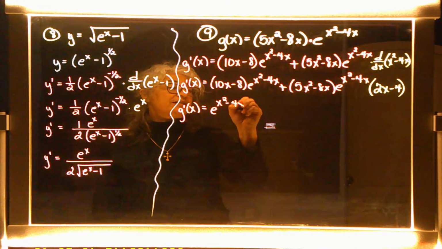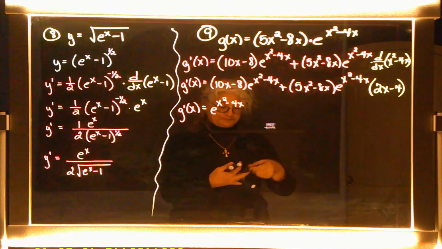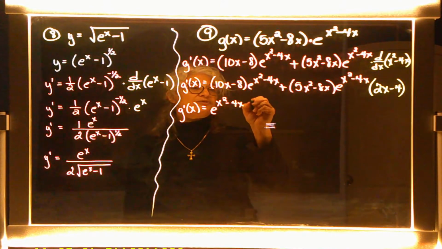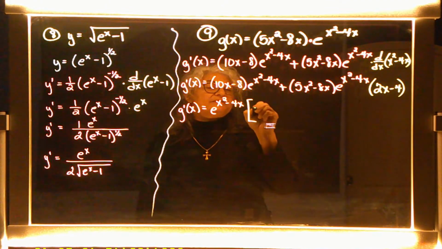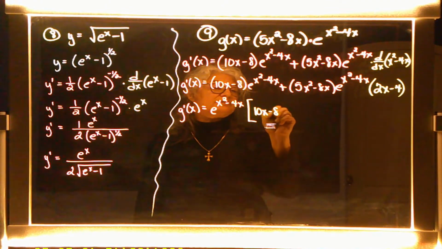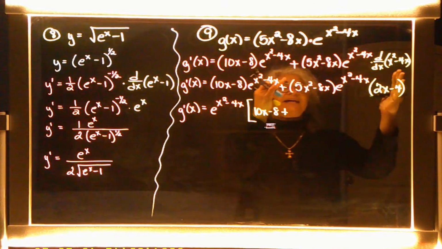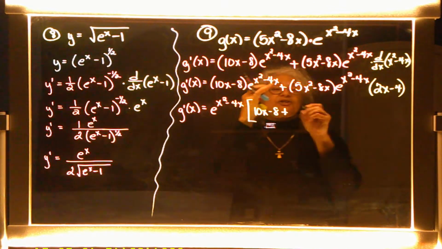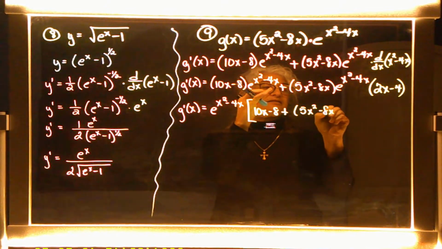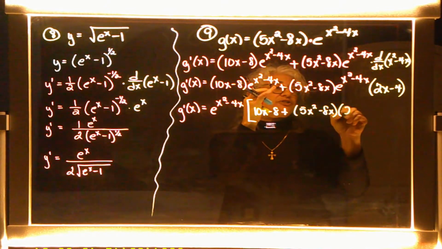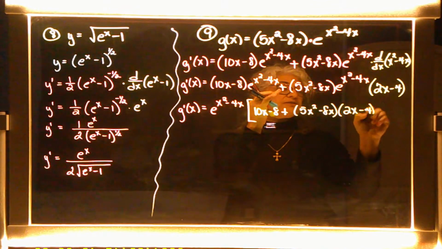When I factor out what's in common, from the first one we have 10x minus 8 plus, and from the second one we have the parenthesis 5x squared minus 8x times 2x minus 4.